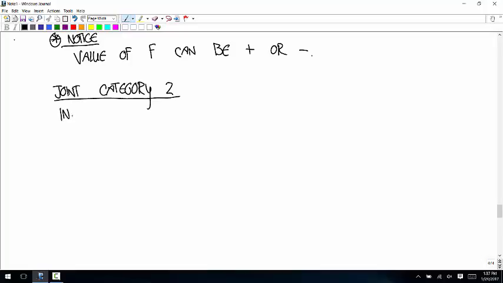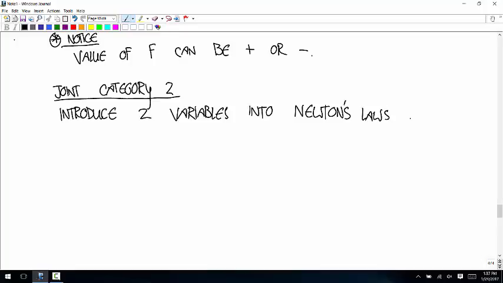These introduce 2 variables into Newton's laws by applying a force vector with an unknown direction.